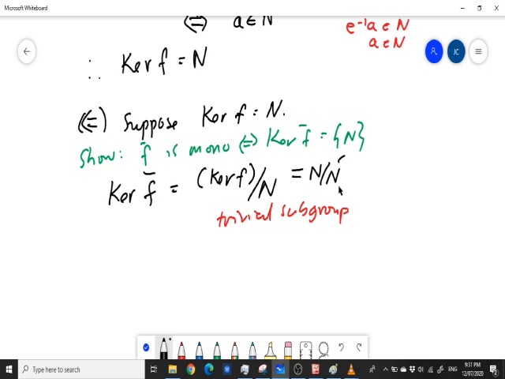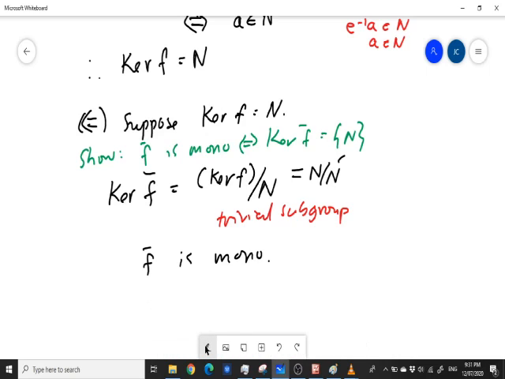And therefore, if that is the case, then f bar is mono.